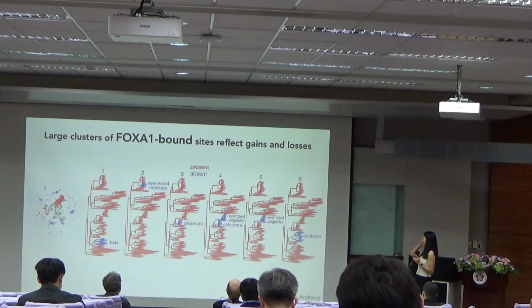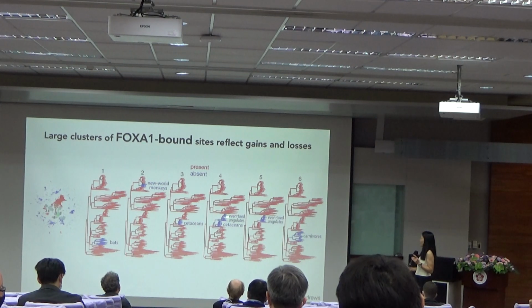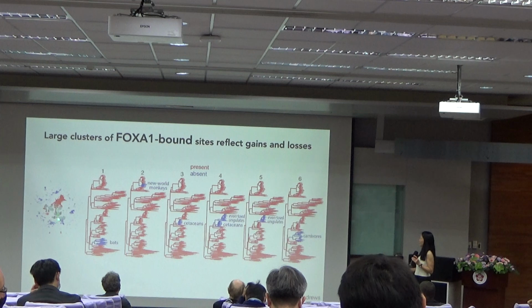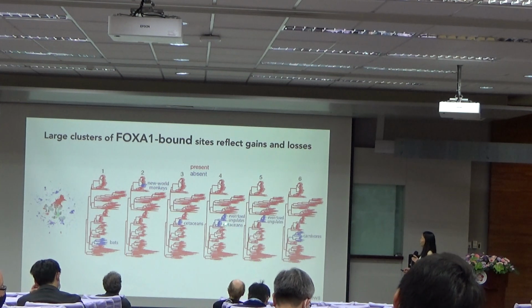And they are related in the evolutionary tree, and this is really fascinating to me because cetaceans are mammals that got sick and tired of land life and went back into the ocean, and they show up as a cluster of 4 here, and there are some transcription factor binding sites that are lost in this lineage.